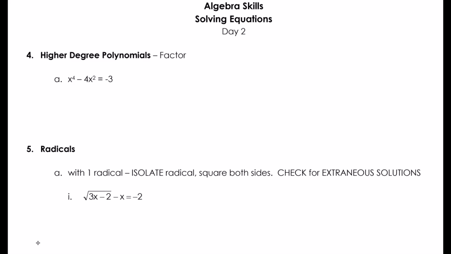Well, beginning with the higher degree polynomials, we want to factor these whenever we can. If you can't factor it, sometimes you can also do the root method, depending on how it starts off. On this first example for A, notice that the equation is not in standard form, so let's set it equal to 0.